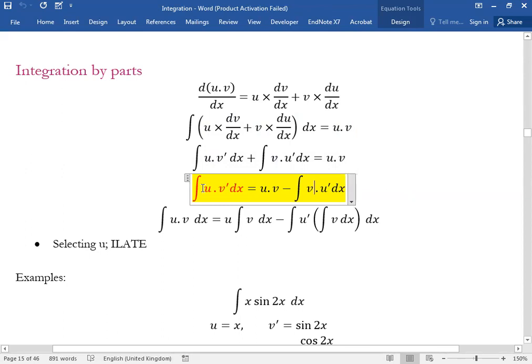Yes, I can. तो अब मेरे पास बन गया कि if I have two functions which need to be integrated and they are being multiplied, I am calling one of them as u and the other one as v dash. Be very clear about it. एक को u कह रहा हूं और दूसरे को v dash कह रहा हूं.